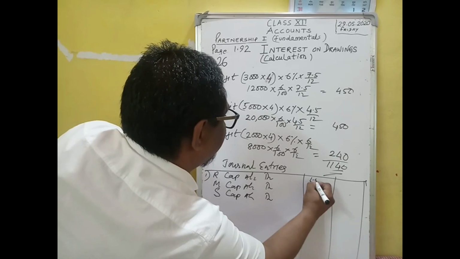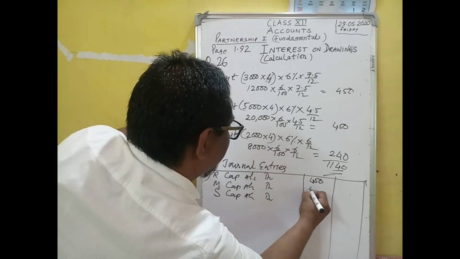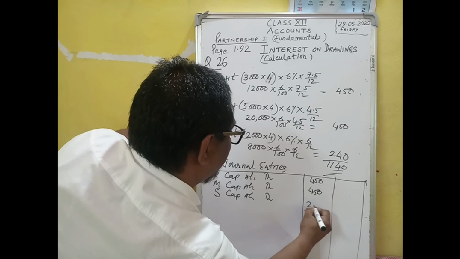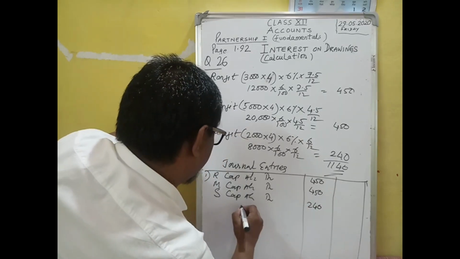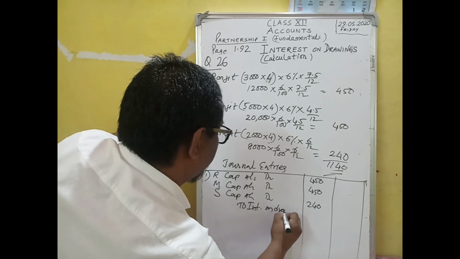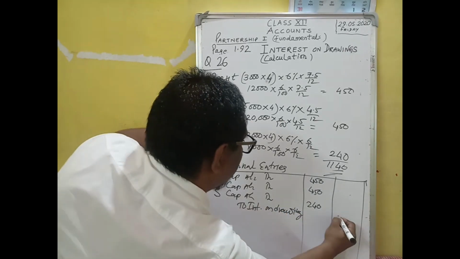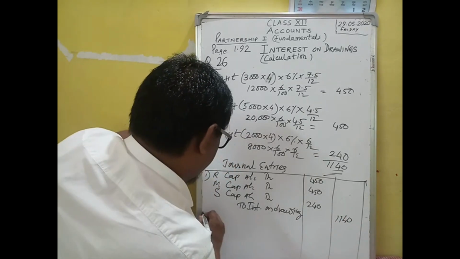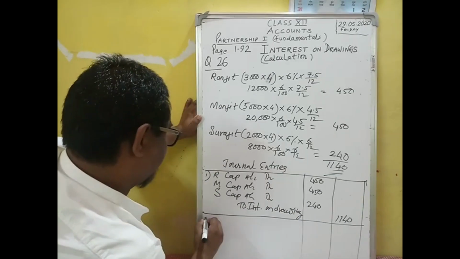Ranjit is 450, Manjit is also 450, and 240 for Surajit, debited to interest on drawings, that is 1,140. That is the first entry.